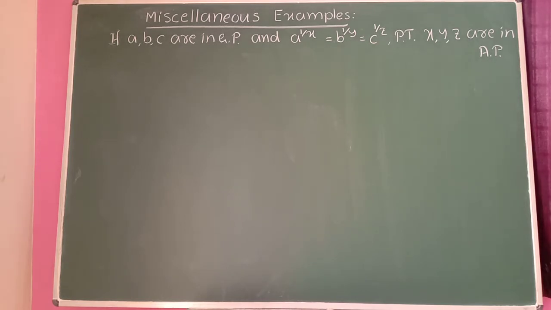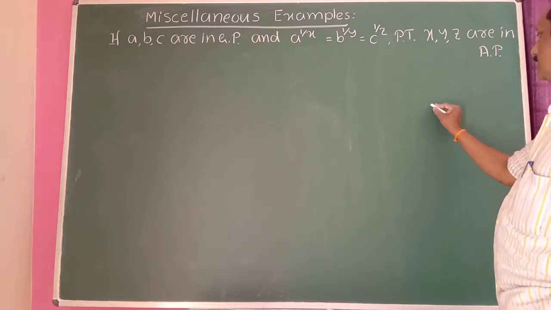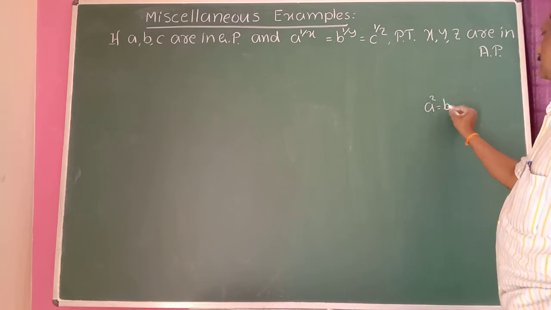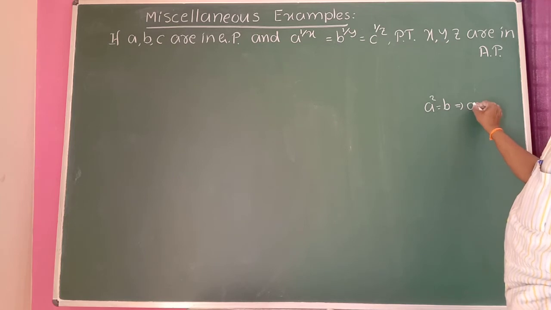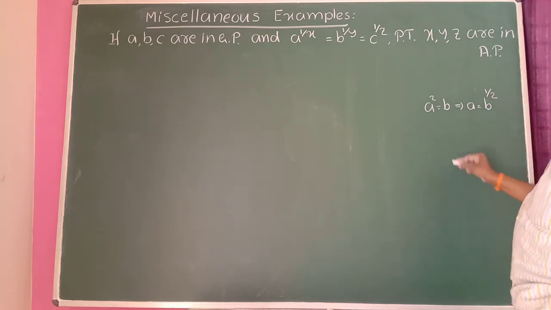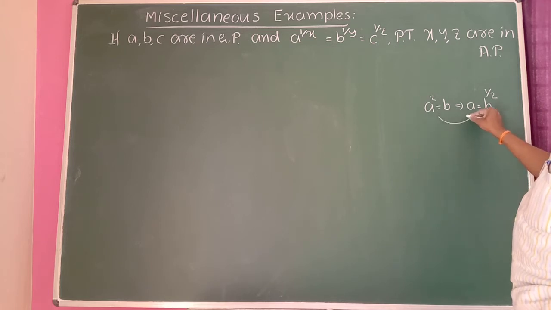If A, B, C are in GP and A raised to 1 upon X is equal to B raised to 1 upon Y is equal to C raised to 1 upon Z, then prove that X, Y, Z are in AP. Suppose here A square is equal to B, then we can write this as A is equal to B raised to 1 divided by 2. So this can be written in this form.